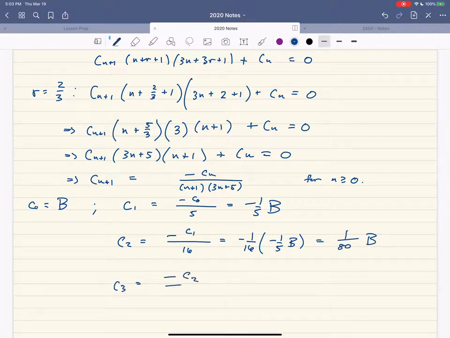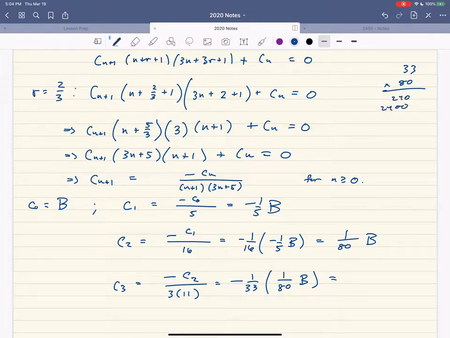c3 is going to be minus c2. If n is equal to 2, we're going to end up with 3 times 11 in the denominator. So it's going to be 33. So this is going to be negative 1 over 33 times 1 over 80b. Just to explain what I'm thinking here, 3 times 80 is 240, plus 2400.